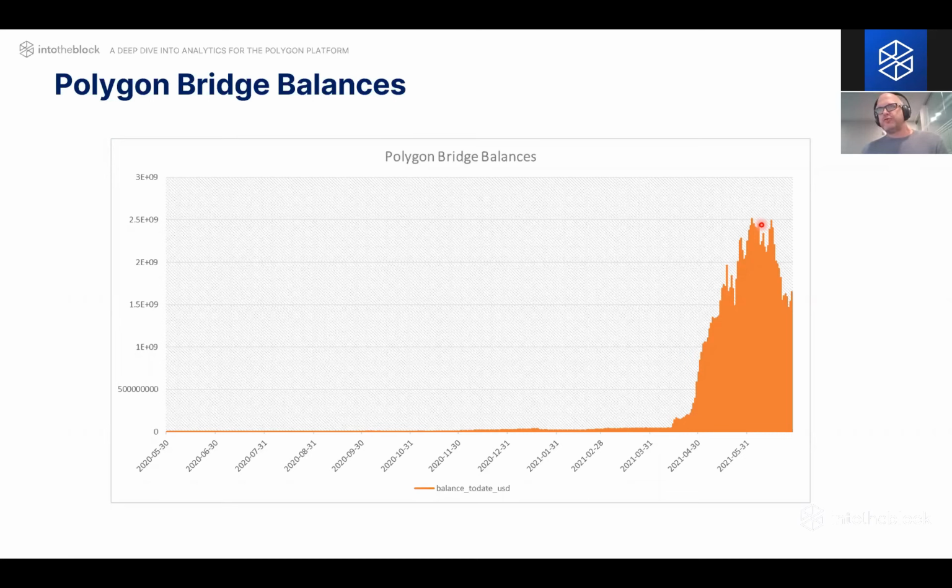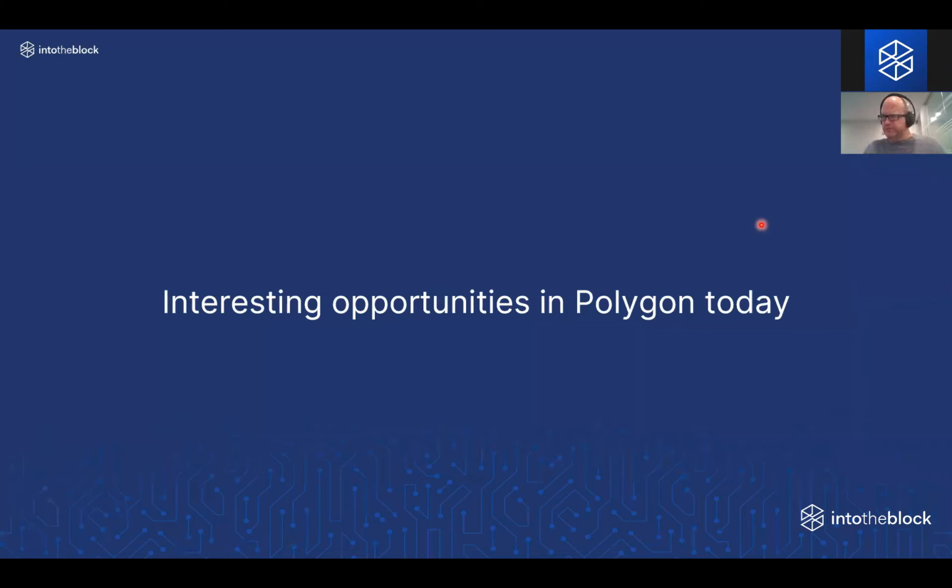For the last part of this session, I would like to highlight some opportunities and some ideas of where we think Polygon excels. I'm going to use some examples from the work that we're doing in quant strategies, although for obvious reasons, I cannot disclose a whole lot there.